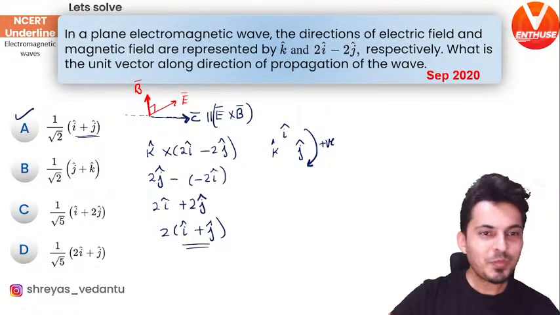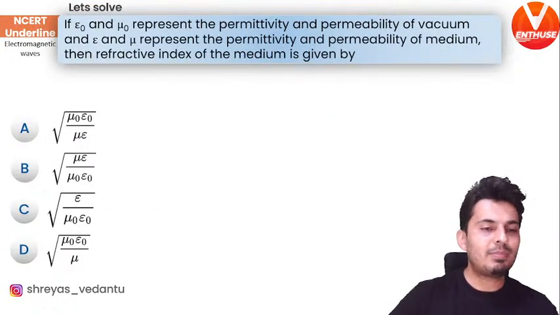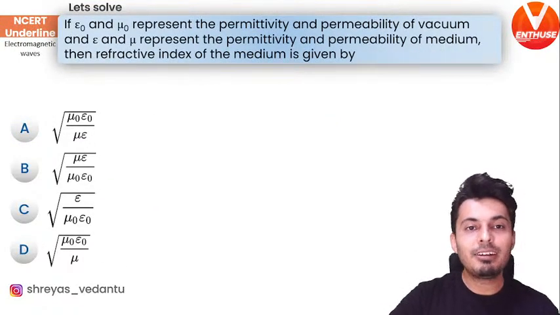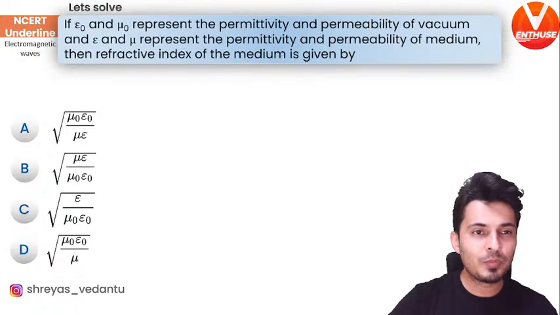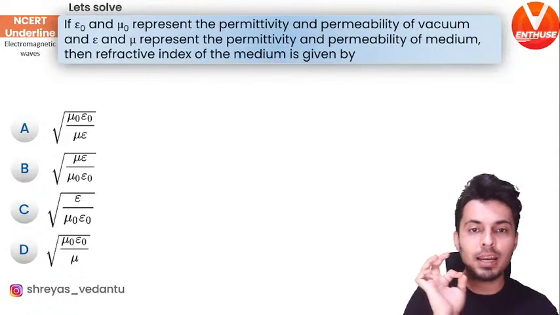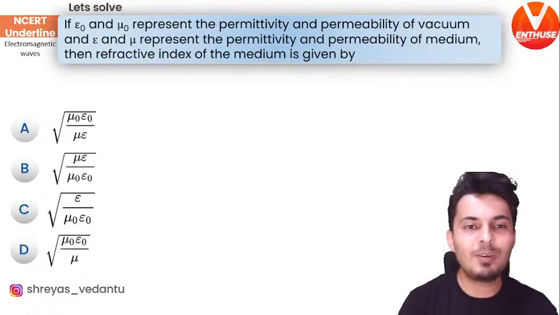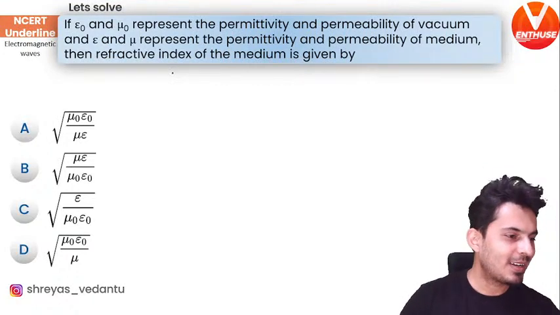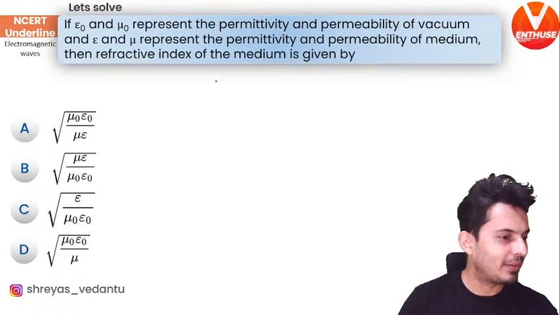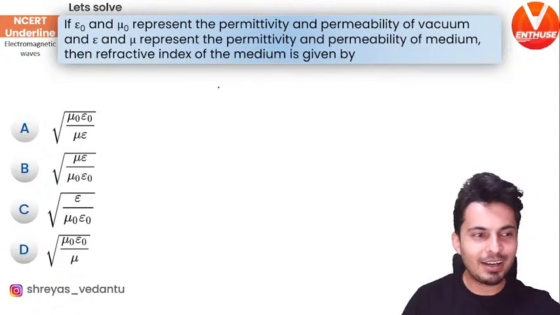All right, let's get moving to the next question coming up on your screen. If epsilon naught and mu naught are permittivity and permeability of vacuum, and epsilon and mu are permittivity and permeability of the medium, what do you think is the refractive index of the medium? Ankit saying B, very quick.